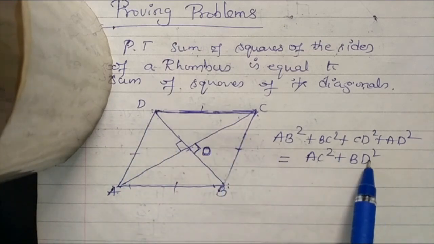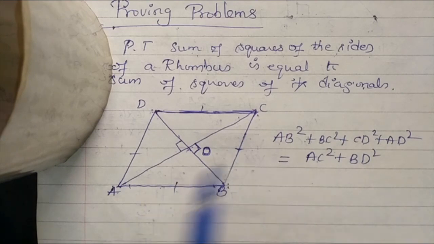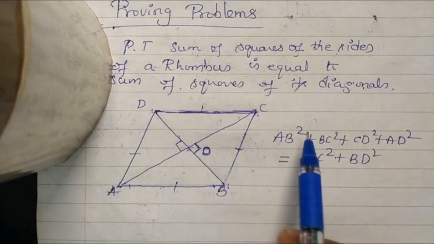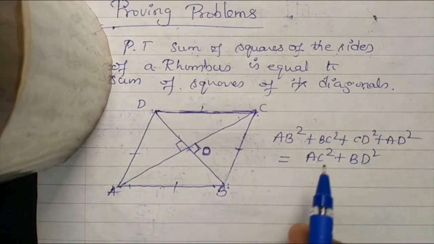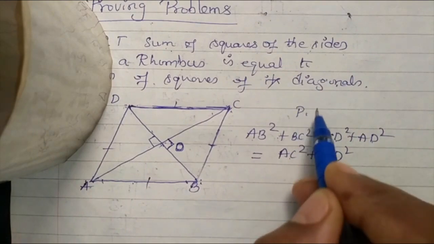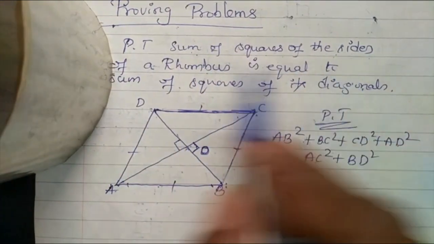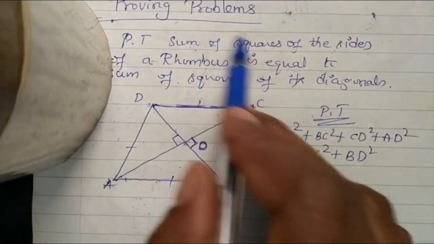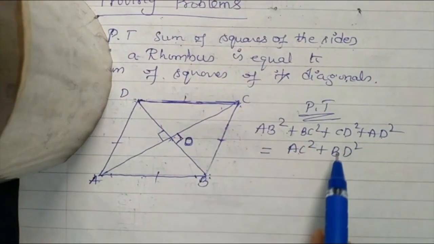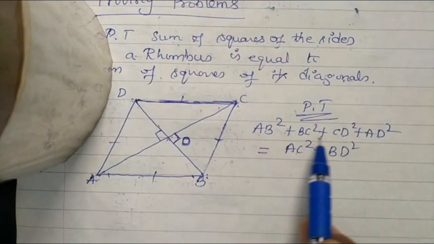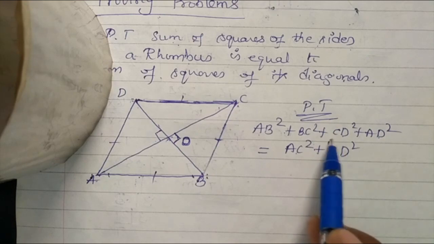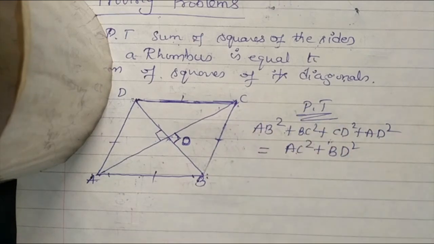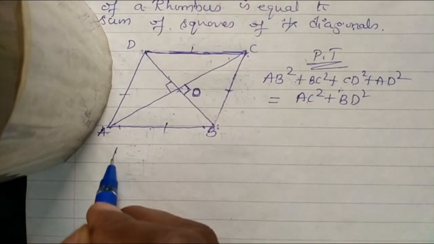So squares of the diagonals is equal to squares of the four sides, all in sum. So this is to be proved. This is in the word format. So if we convert the same word question into equation form, this is to be proved. So this is our 'to prove that'. We go for proof.